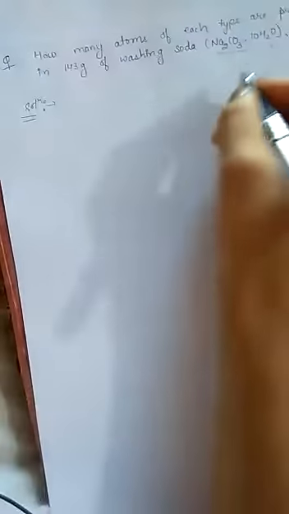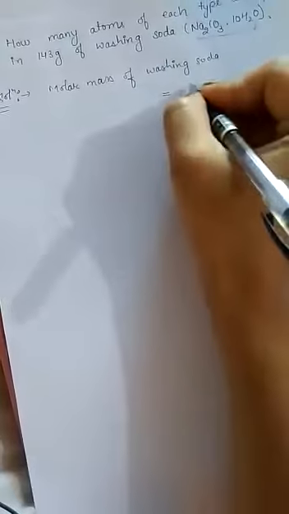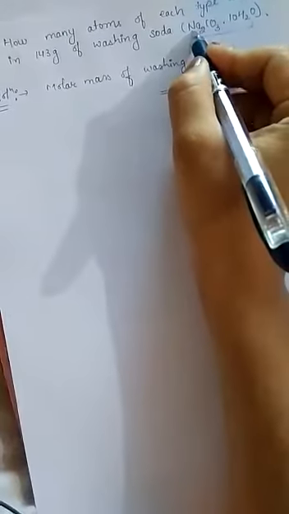So first you must know how to calculate the molar mass. Molar mass of washing soda will equal atomic mass of sodium, which is 23.